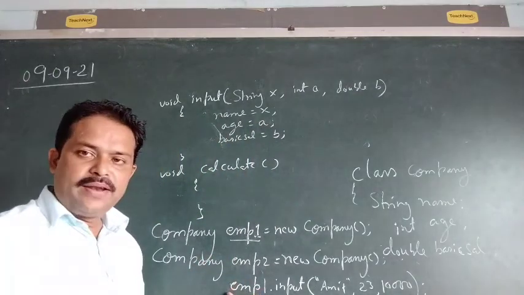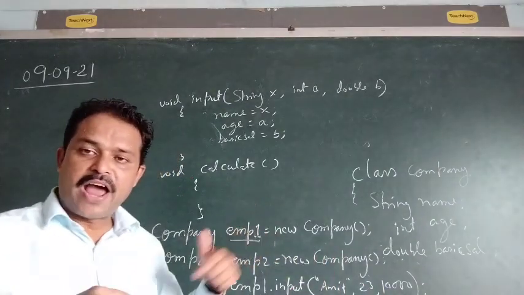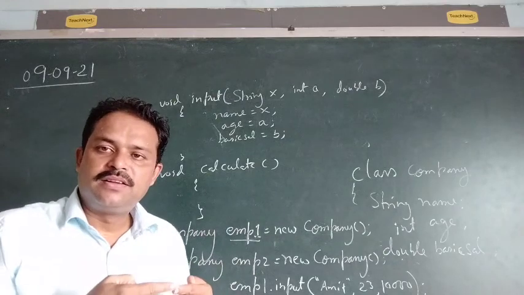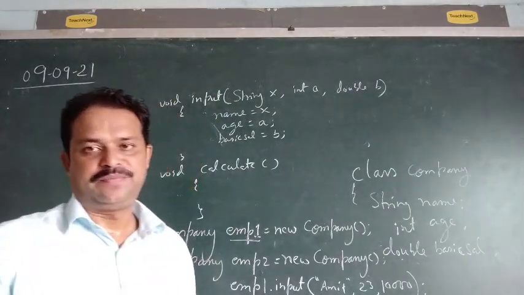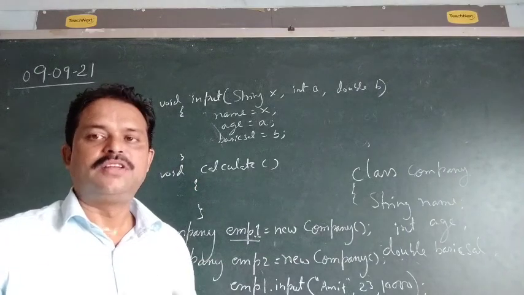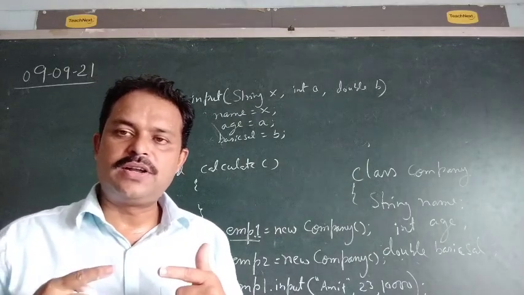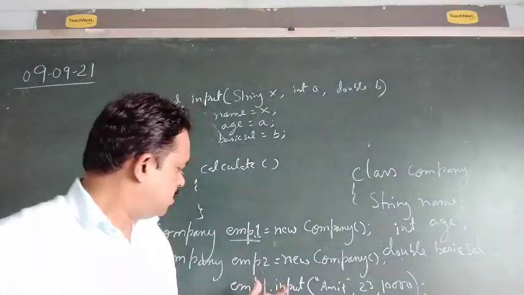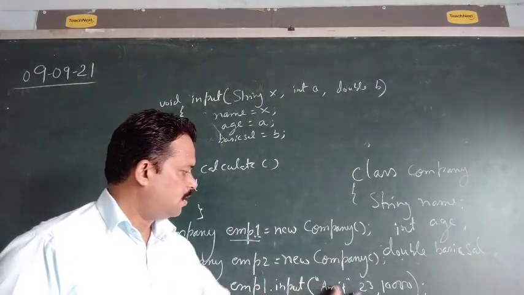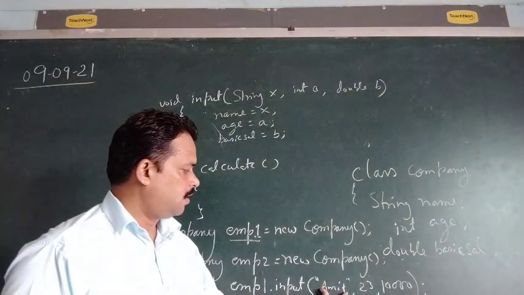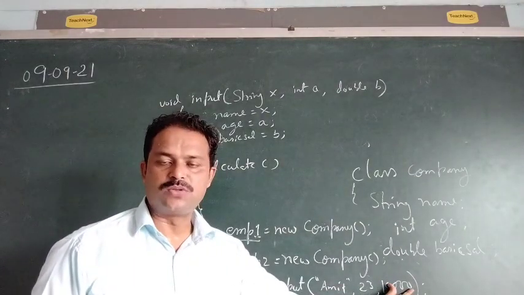So employee1 has its state. The value which we give to the variable is called the state of an object. Name Amit, age is 23, basic salary is 10,000.